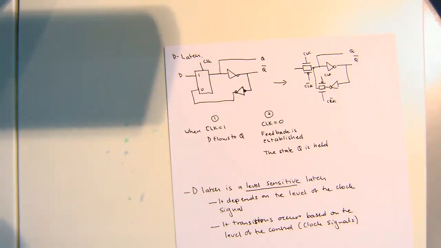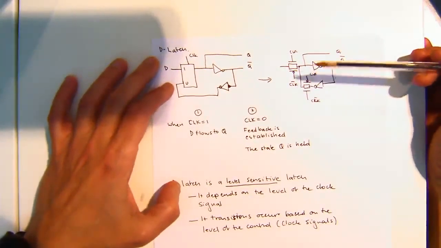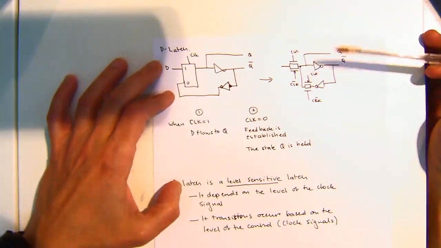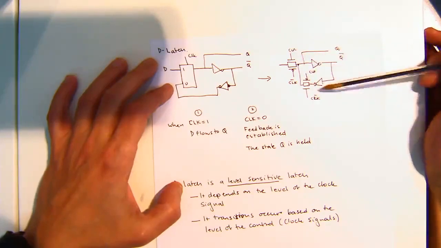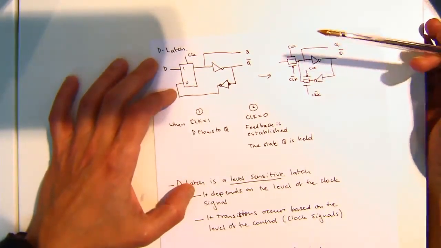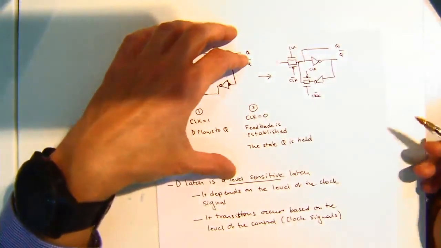Okay, so what I'm doing here is talking about how a D latch actually works. It's got two transmission gates and two inverters. You've got your data at this point.